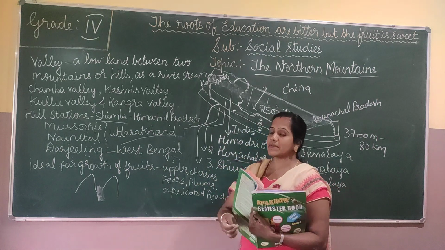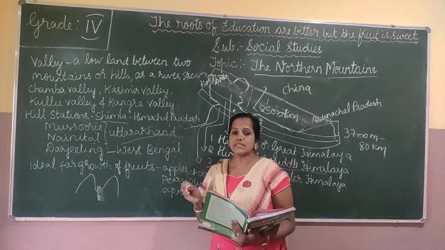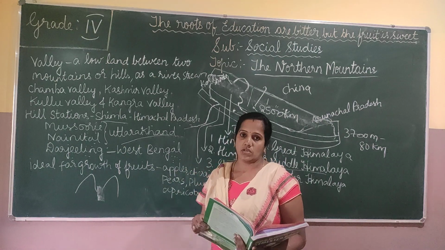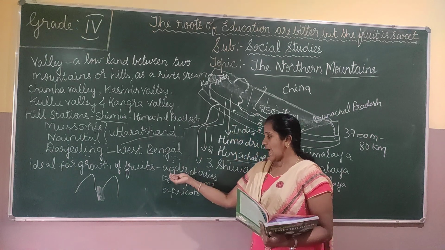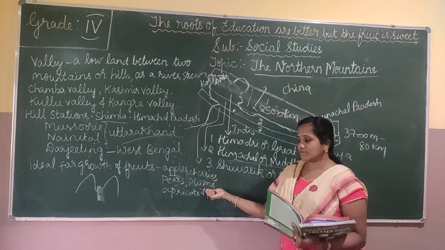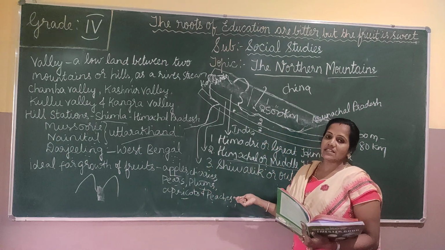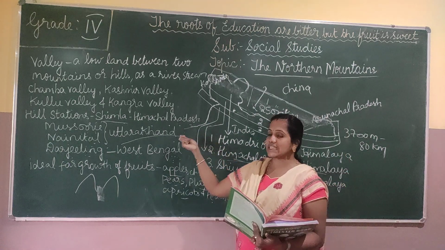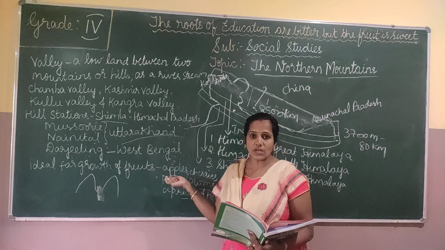It is ideal for the growth of fruits like apples, cherries, pears, plums, apricots and peaches. These are the fruits grown in these areas because the climate is very cool and pleasant.